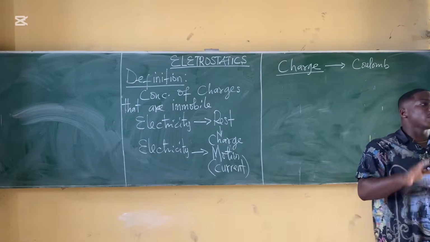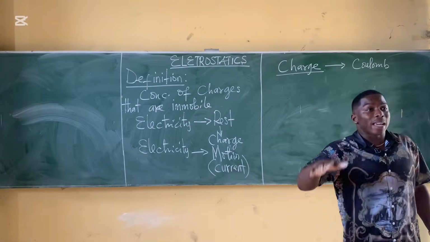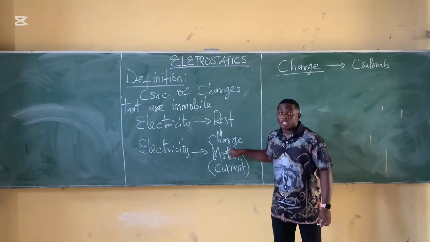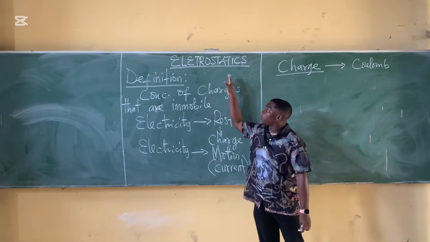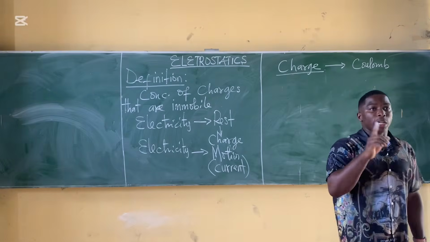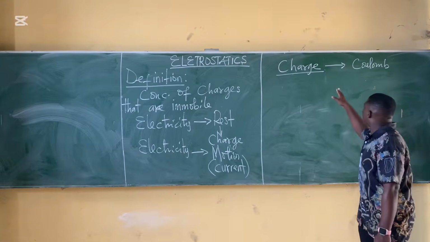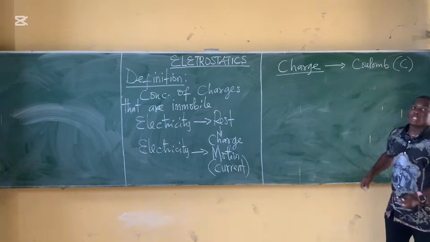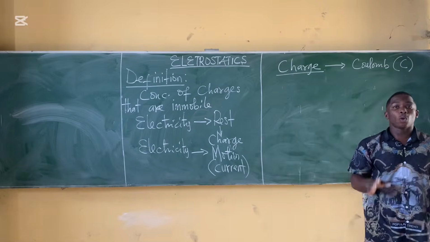Since electrostatics studies electricity at rest, and electricity at rest is called a charge, all through the study of electrostatics the most important word you keep hearing is charge. The unit of charge is the Coulomb. The symbol is a capital C.